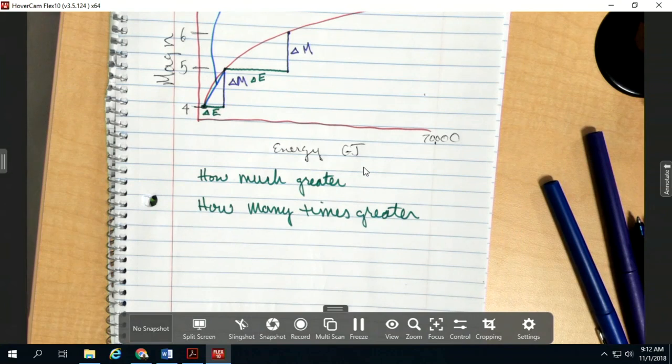Do you see the difference between those two questions? How much greater usually implies an answer like 47, okay? Whereas how many times greater, it'll be something like 6 times greater or something like that.